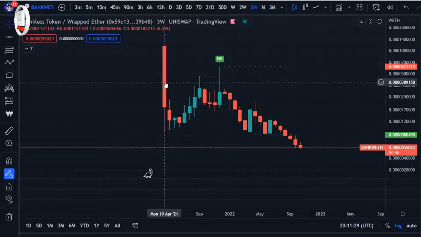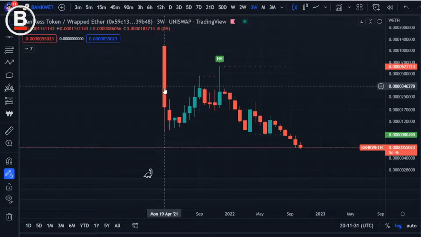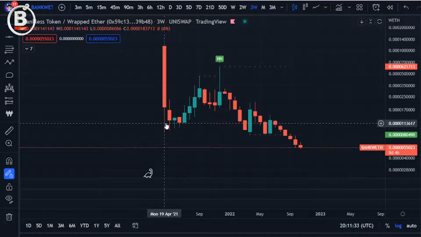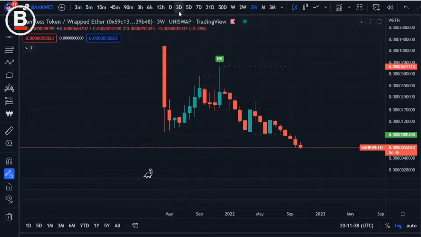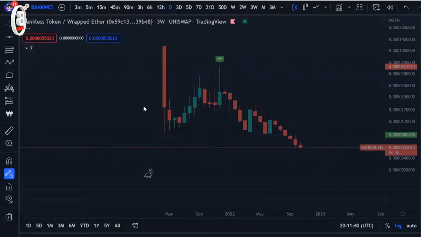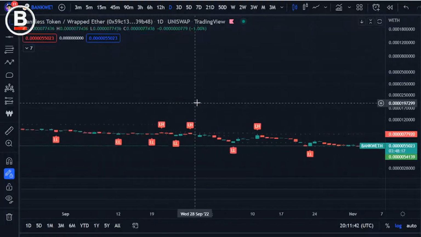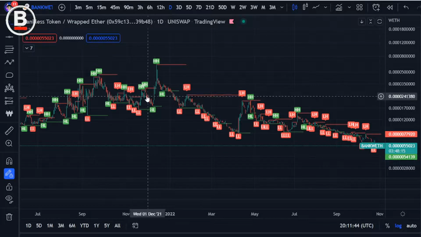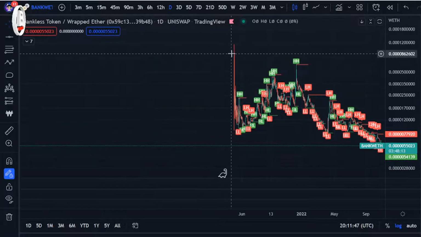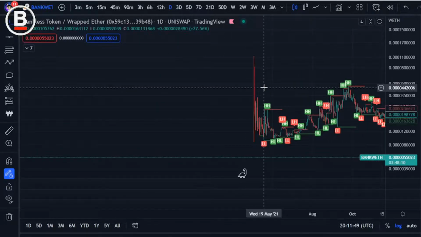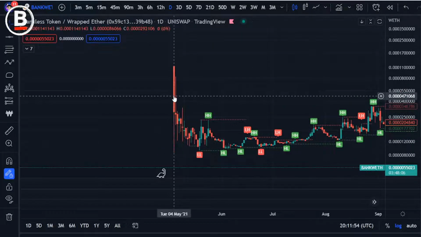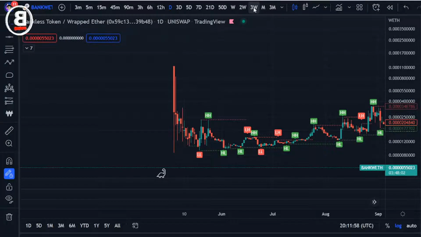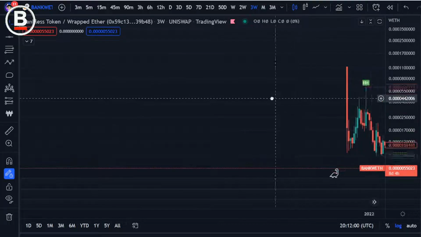We can see that Monday, the 19th of April in 2021 was the first 3-week candle, and we can go back to the daily to actually figure out what day that first candle was. Here we have it as being May 4th, that first weekly.